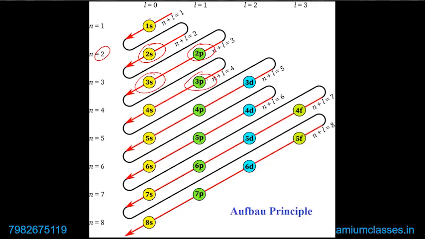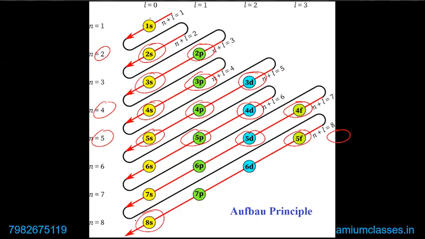For 3, 3s, 3p, 3d, up to d orbitals. 4 can have s, p, d, f. So 4s, 4p, 4d, 4f. 5 will have s, p, d, f, g. g we are not writing because, up to here, we will see that only up to 8s will be required. Although, if we go forward, 5g will be used.